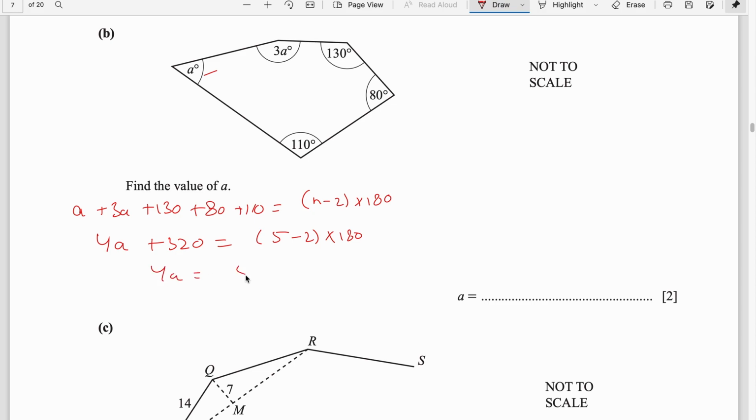So 4a is equal to 540 minus 320. 4a is equal to 220. a is equal to 220 by 4. That is 55 degrees.